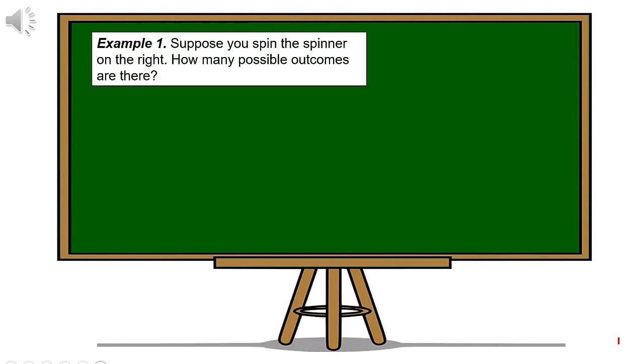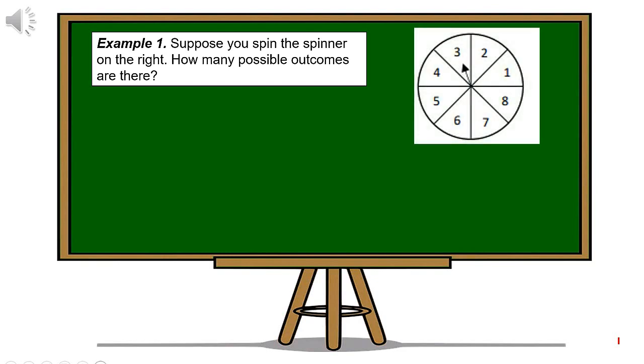Now let's have example number 1. Suppose you spin the spinner on the right. How many possible outcomes are there? The spinner can land on 8 different regions. And these are the different regions. We list the sample space as 1, 2, 3, 4, 5, 6, 7, and 8.